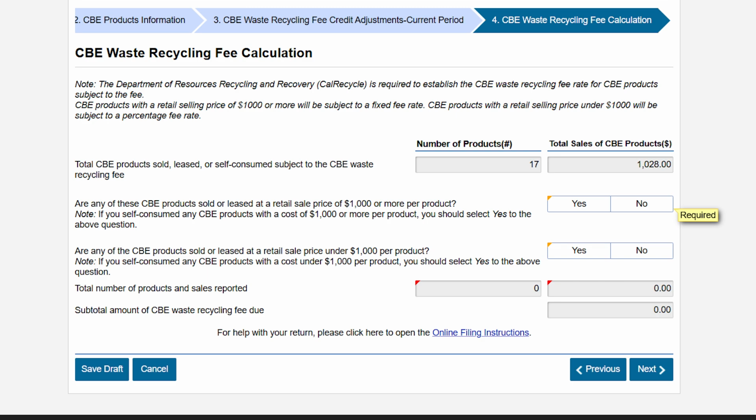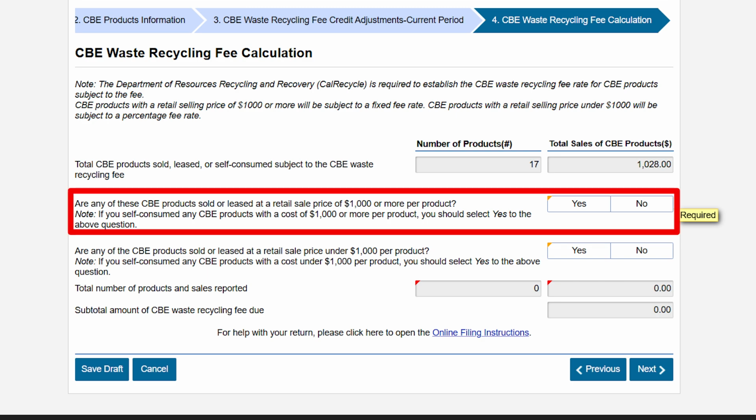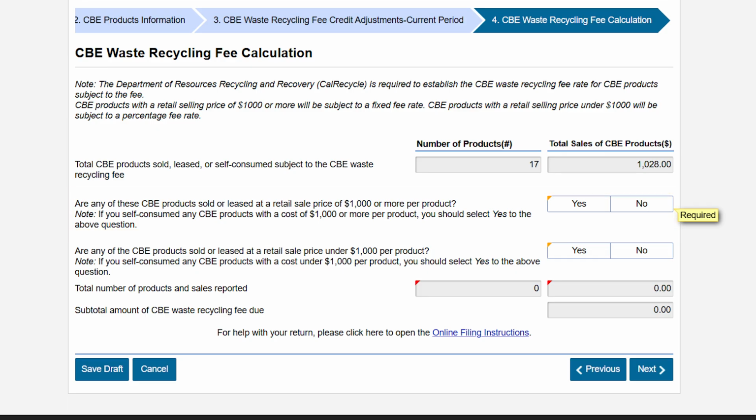You will answer the first question. Are any of these CBE products sold or leased at a retail sale price of $1,000 or more per product, including any self-consumed products? If any of your CBE products are at a retail sale price of $1,000 or more per product, select Yes.